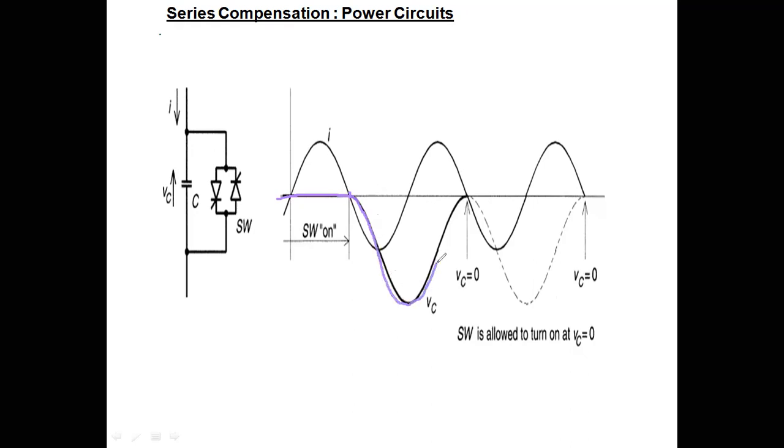And again here we switch on to bypass it. Only the turning on is under our control. We have switched on for a long time, and naturally at this point it will be switched off, so the capacitor will be included and you will get the capacitor voltage. Again, at any point of time you can switch on depending on the firing angle that we are giving. So this is the diagram.